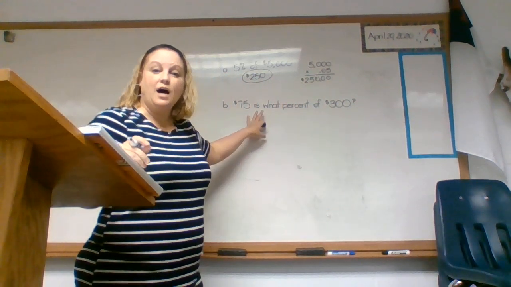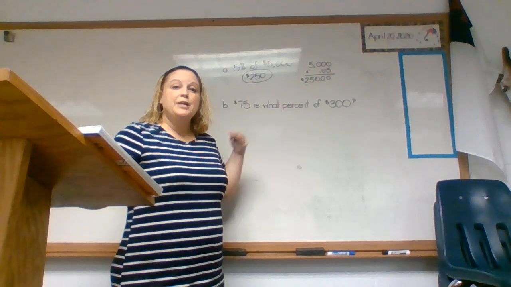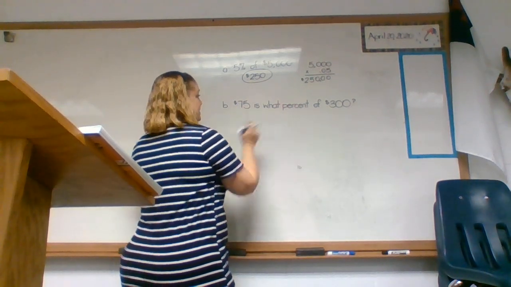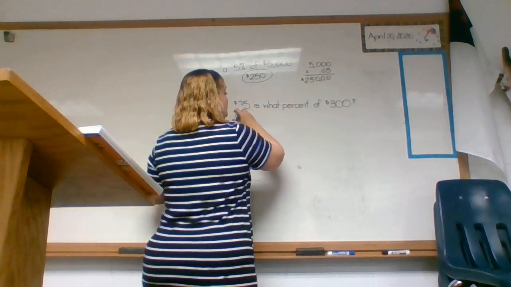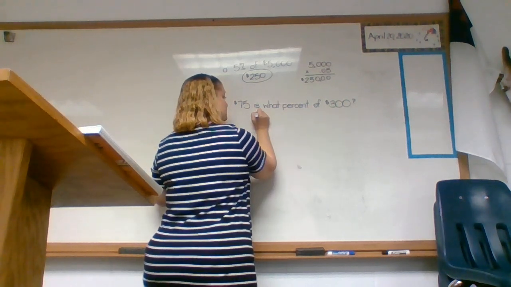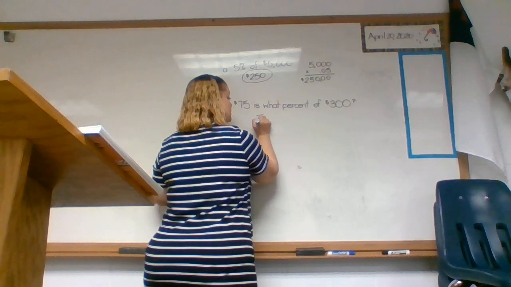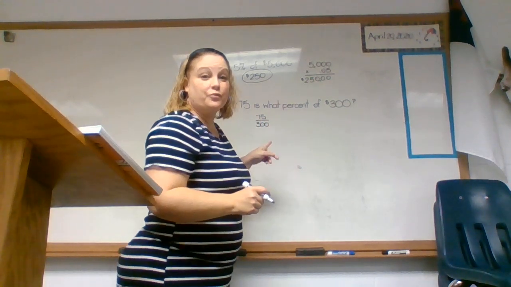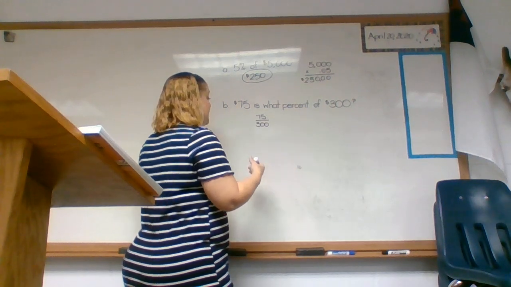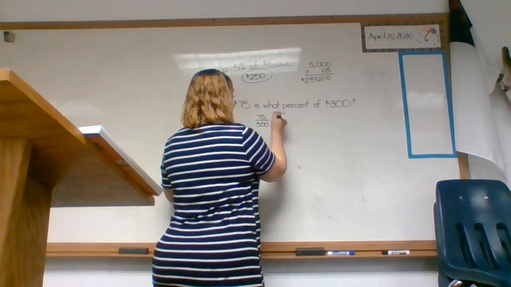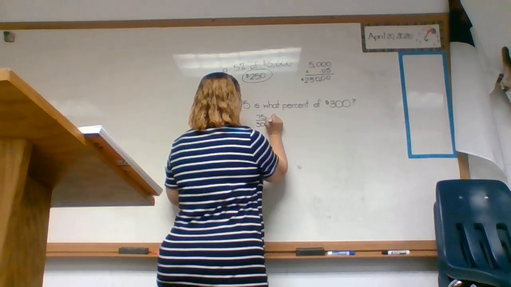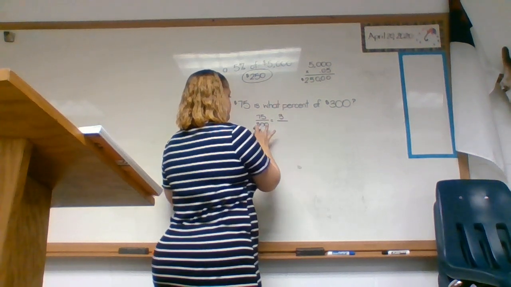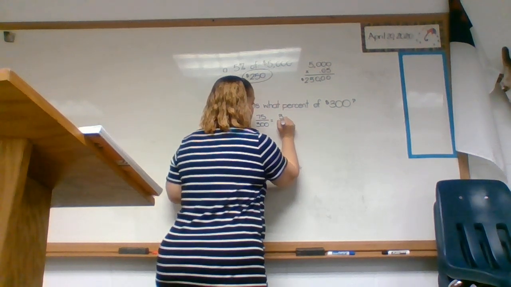And we've done these a lot. So when you're dealing with commission and you're trying to find the rate at which they're earning commission, we know how to set these up. When we're finding what percent this is of that, we set it up as a fraction first of all, and then we can simplify. Dividing by 5, I'm going to go, actually, you know what? I'm going to go by 25. I'm going to get 3, and then for a 12.